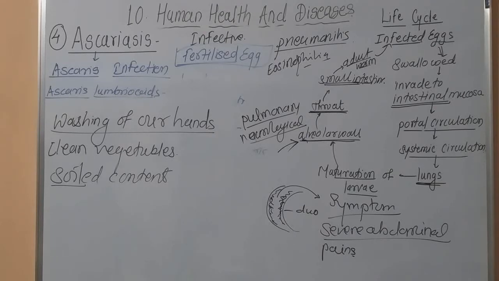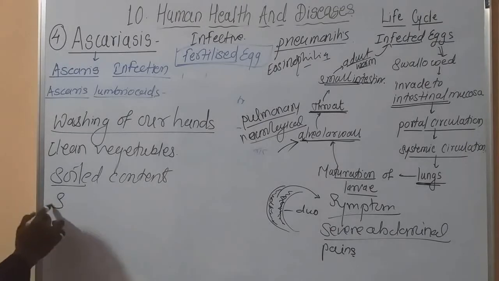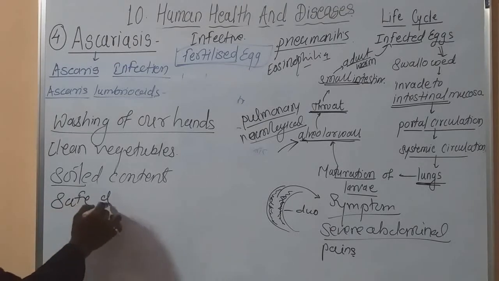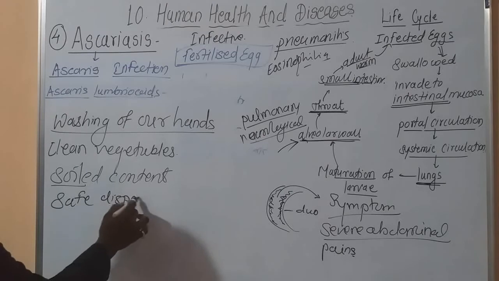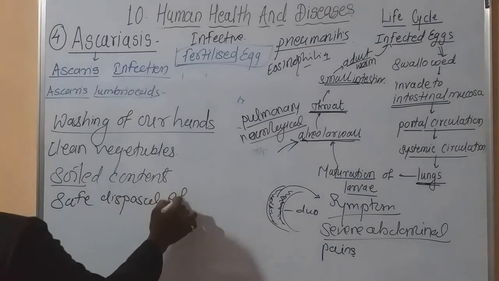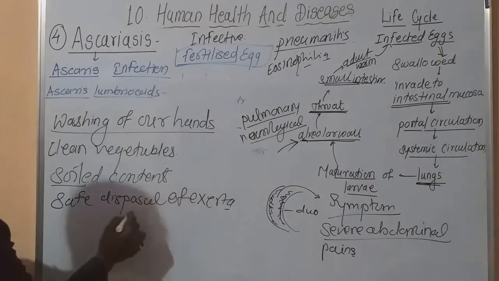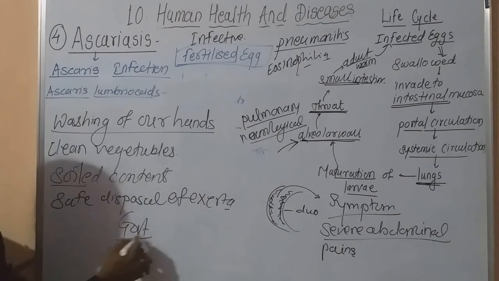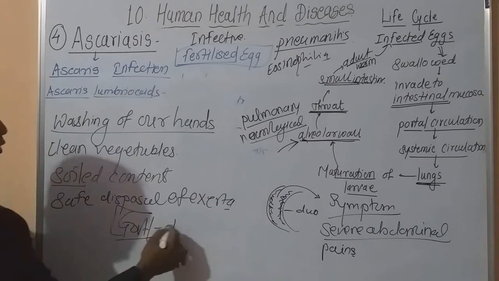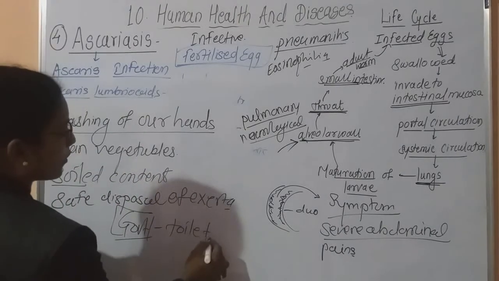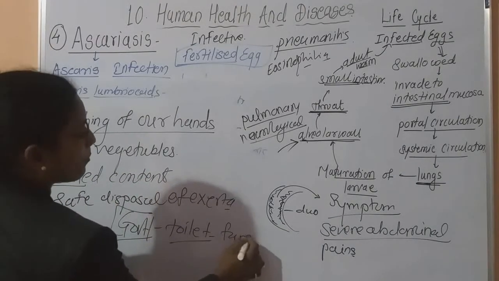Also one of the major ways is that you have to perform safe disposal of excreta. It is very important. Now in this condition, the government makes it compulsory to check the toilet facilities for the family. It is compulsory.